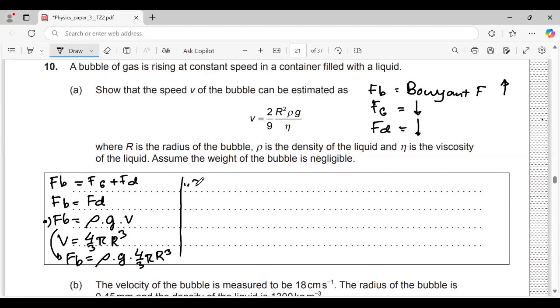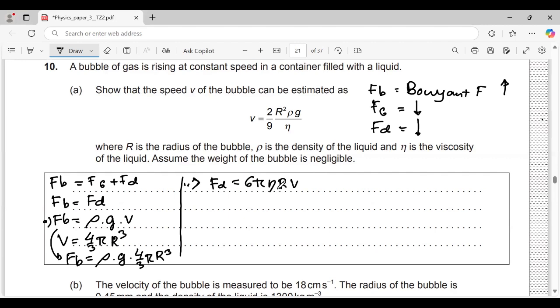The second, drag force. We can determine drag force according to Stokes' law. And the formula is Fd equals 6 pi eta r v, right?